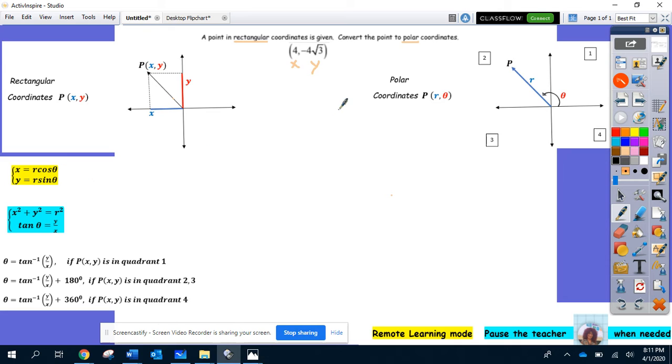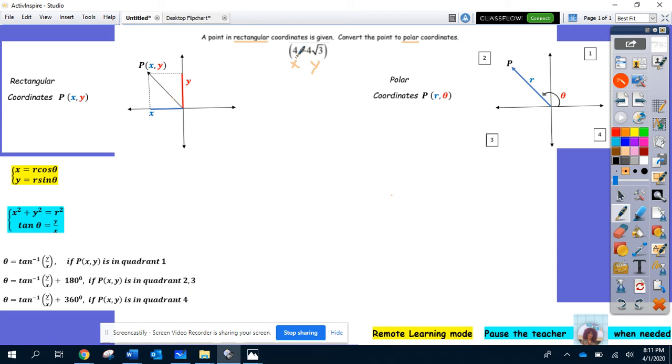But your angle, I just want to remind you, is measured counterclockwise and should be between 0 and 360 degrees, and that's why this value of inverse tangent should be adjusted according to this formula. In this formula you just add 180 or even 360 depending on what quadrant the point is in.